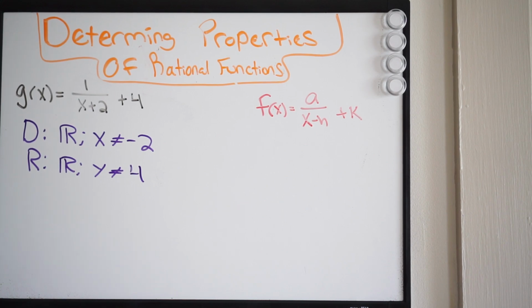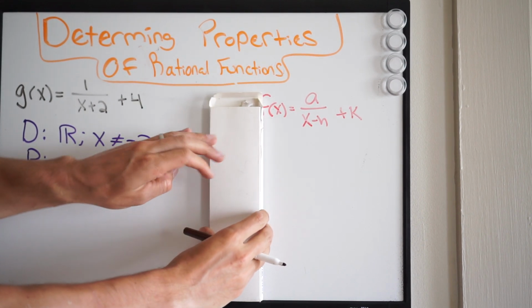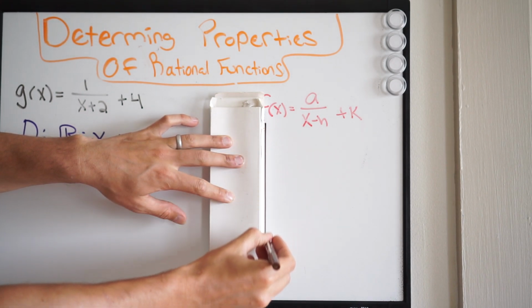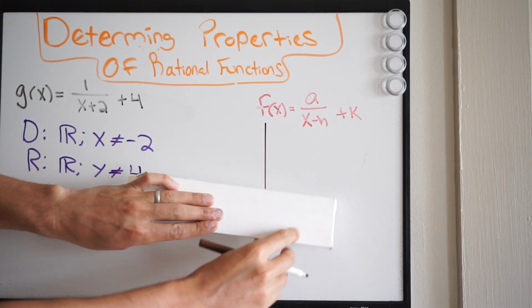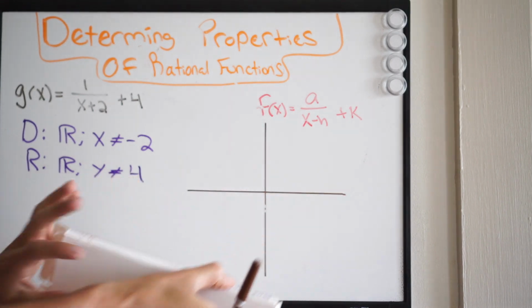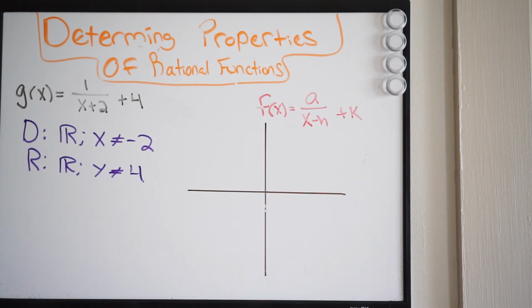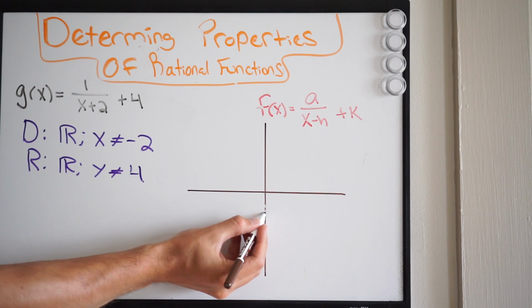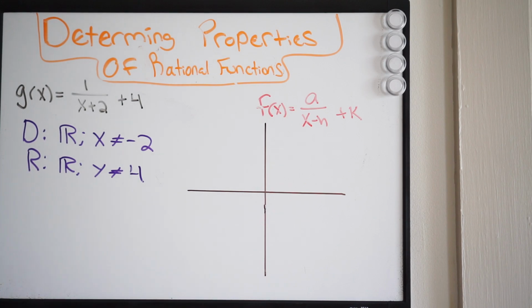So let's go ahead and make our graph. Again, it doesn't have to be perfect. Let's do this fairly quick. There we go. And again, you always want to put on your vertical and horizontal asymptotes before graphing it by hand because it acts as a guide, and it makes graphing it by hand much easier.